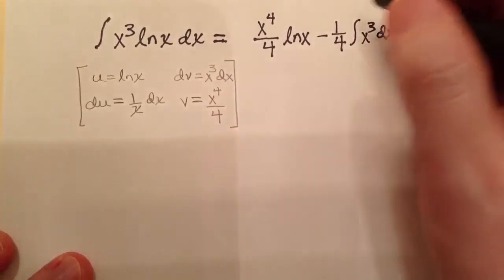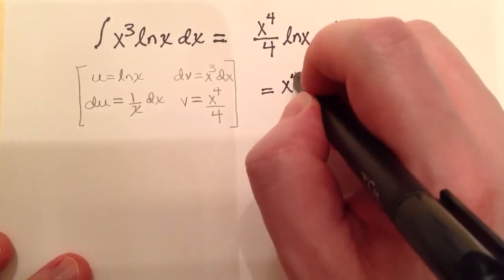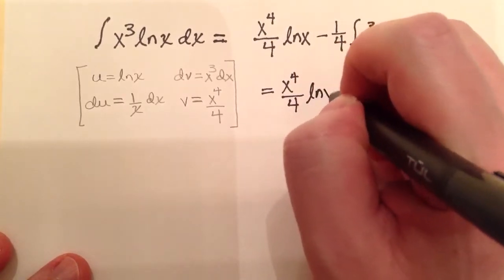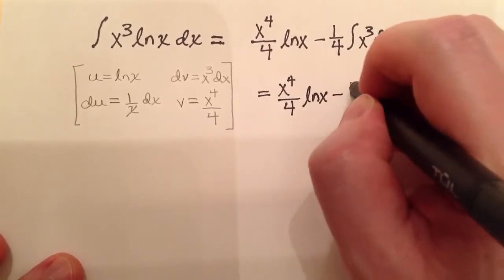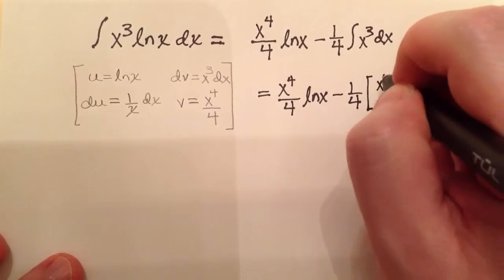And as we look at taking the antiderivative of that particular integral, again, we have x to the 4th over 4 times the natural log of x minus 1/4 of what is going to be x to the 4th over 4.